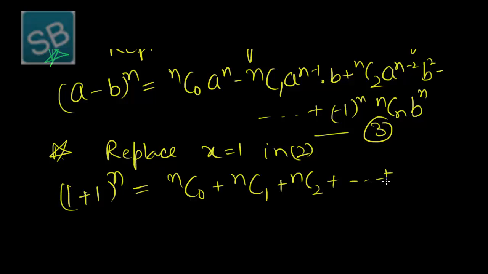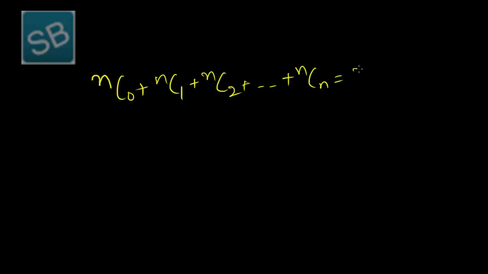So the sum of the coefficients of the binomial theorem for (a + b)^n is always 2^n, that is nC0 + nC1 + nC2 + and so on + nCn = 2^n. Give its name as number 4.